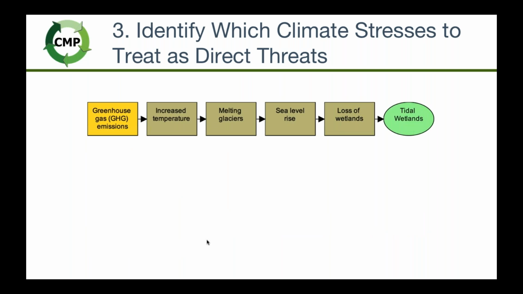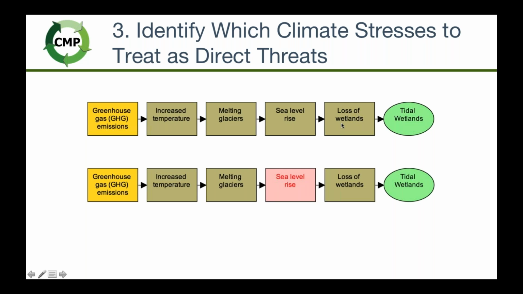And actually, this example is a little bit more the exception to the rule. So tidal wetlands, under climate change, you've got increased temperature, which melts glaciers, which causes sea level rise, which can cause the loss of your tidal wetlands. In this case, we would treat the sea level rise as a direct threat, probably because the melting glaciers are very far away; these are global factors, whereas the sea level rise is much more localized.